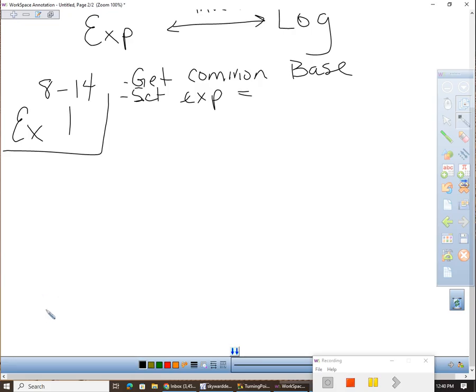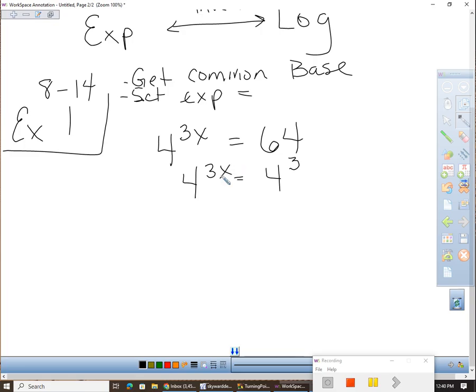So, for example, let's say I have, how about 4 to the 3x equals 64. This is your first few problems. You're able to get the same base. So 64 is actually 4 to the 3rd power. And this is 4 to the 3x.